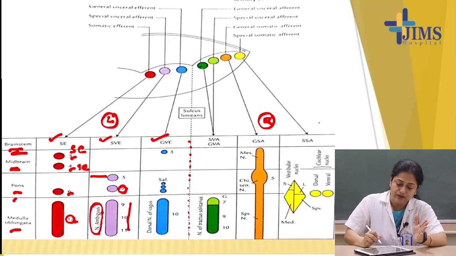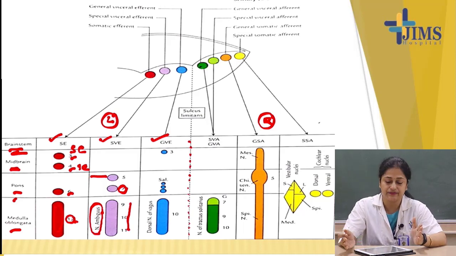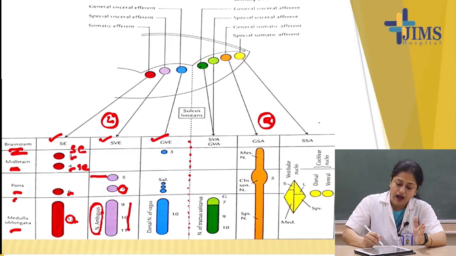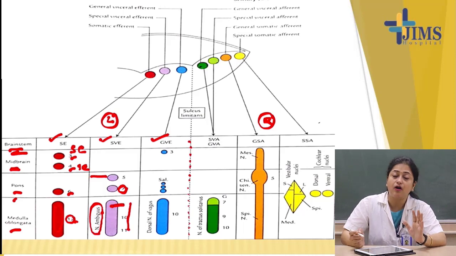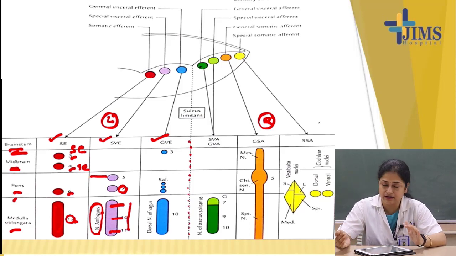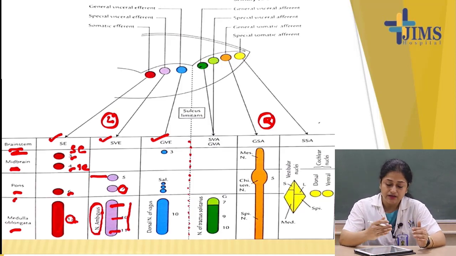Where is this nucleus located? It is an elongated nucleus located along the medulla oblongata. From the upper part of the nucleus, the 9th nerve comes out, from the middle the 10th, and from the lower part the cranial part of the accessory nerve fibers come out. So that is about the location and the nucleus of the special visceral efferent.